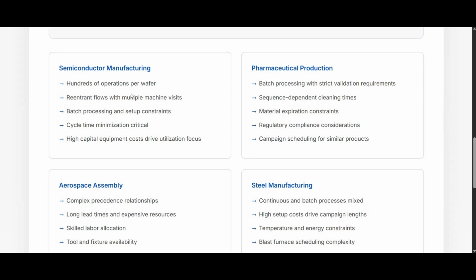Since the equipment is extremely expensive, keeping it utilized is a top priority. And secondly, in pharmaceuticals, batch processing dominates too, but here we have strict validation requirements, sequence-dependent cleaning times, and even expiration dates on materials. Regulatory compliance is a major factor, and planning campaigns helps manage those restrictions efficiently.